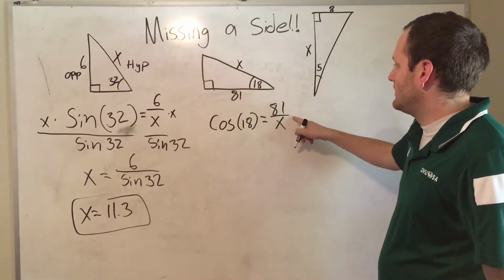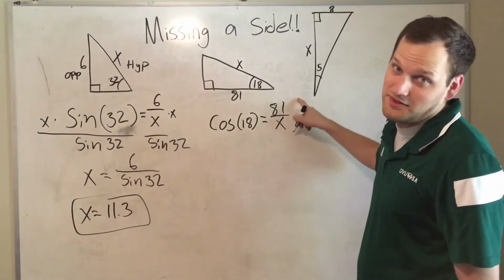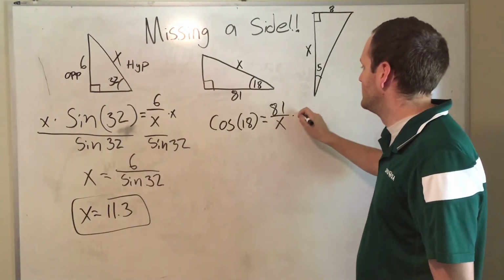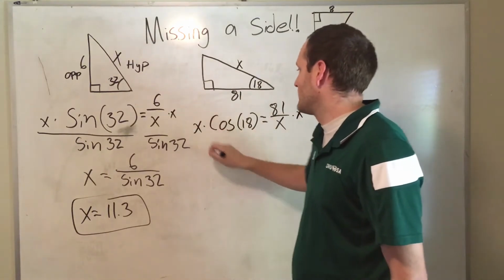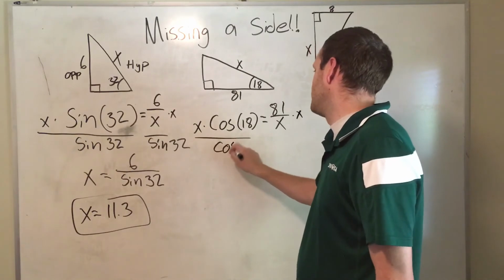We need to move the x over to this side because the x is in the bottom. If x is on top, this is quite a bit easier. Multiply by x on both sides, and then divide by cosine of 18.